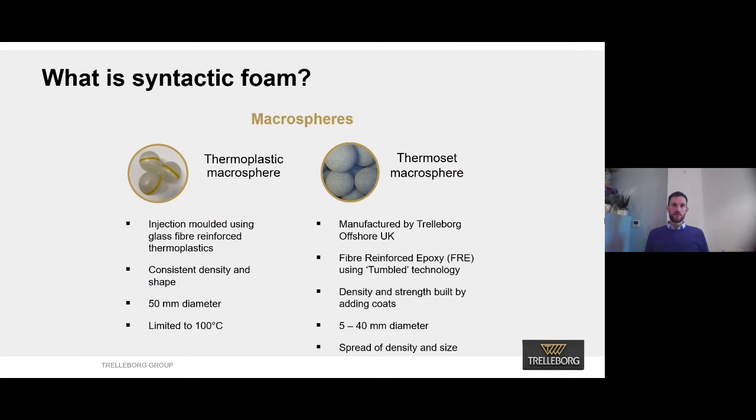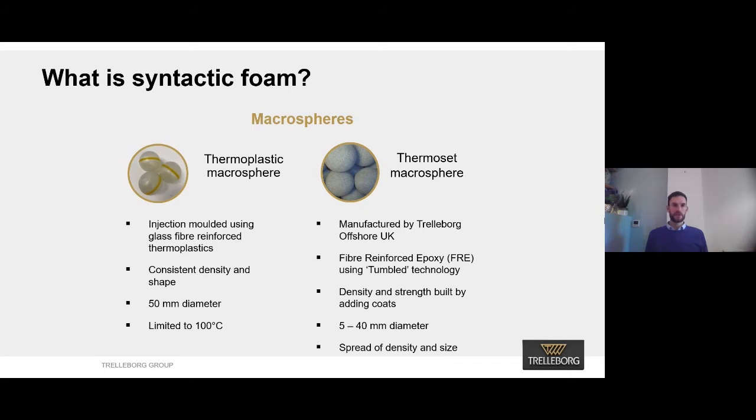To look again in more detail at the macrospheres, typically we use two types of macrospheres at Trelleborg Offshore, and they depend on the application. We can use either of these things interchangeably. Thermoplastic macrospheres, these are injection molded macrospheres using a thermoplastic polymer, and they're reinforced with glass fiber to add strength.